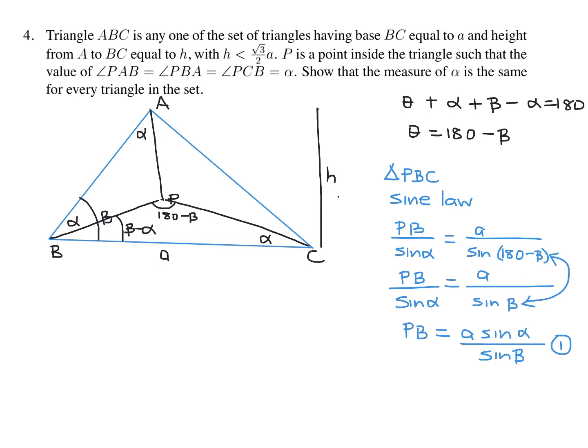Now I will do something very similar, but on a different triangle. Let's see, which triangle can I use here? I'm going to actually draw a perpendicular here, like that. And this point, I'm going to call N, the point where it touches.